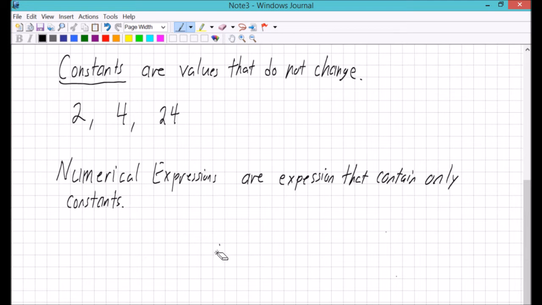So these are the things that we're used to seeing in mathematics. We're used to seeing things like 2 plus 2, because 2 plus 2 has two constants in it. It's a numerical expression. 5 times 6 is another numerical expression. And 24 divided by 8 would be another numerical expression. All of these contain only operations and constants.